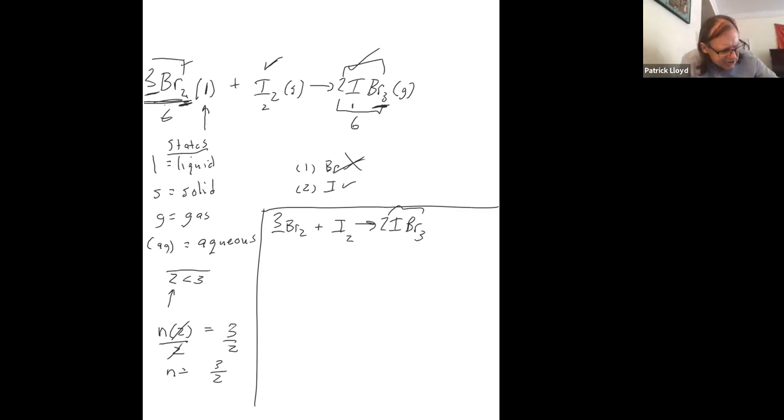So see, it actually would have been faster to do the iodine first and then the bromine. But sometimes it's not easy to see that would have been the case. So if you happen to pick iodine first, you maybe did it more simply. But if you happen to pick the bromine first, it took a little bit more work, but that's perfectly fine. You still get the right answer. You just have to do an extra step there.